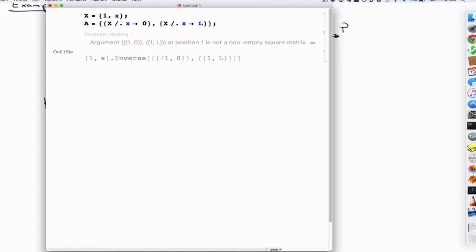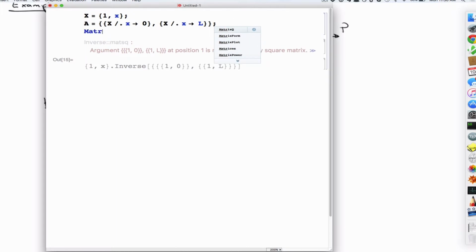This is exactly what I did last time, right? What about the transpose? That's not the problem. It's that I can't take an inverse of A because it's not a non-empty square matrix. So let me look at what A looks like.